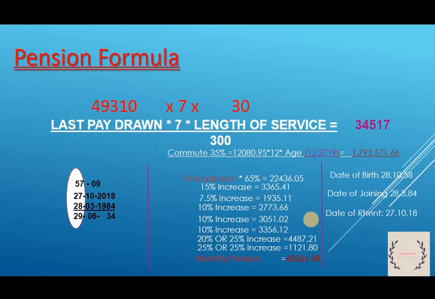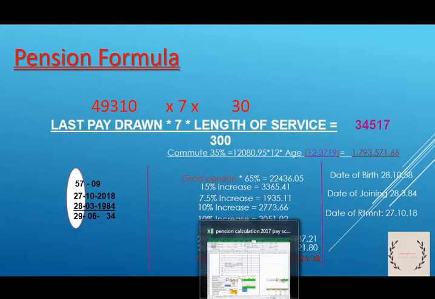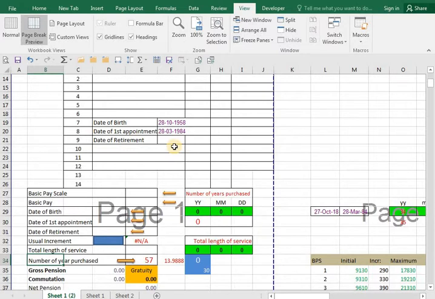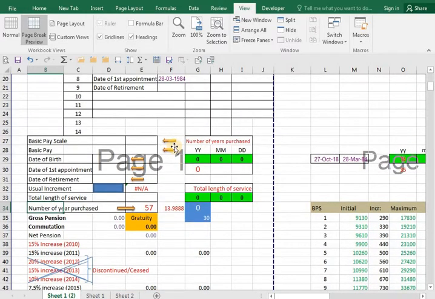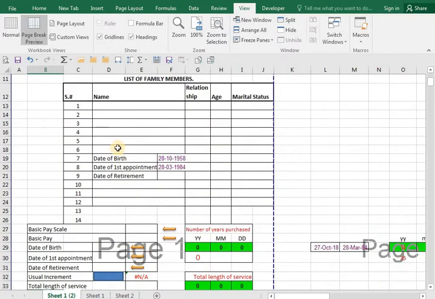Now let me carry out these calculations with the help of Excel calculator, which I have created myself, and here you will find how easy it is to calculate pension or gratuity in seconds.